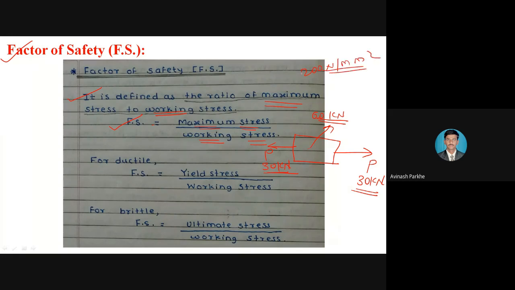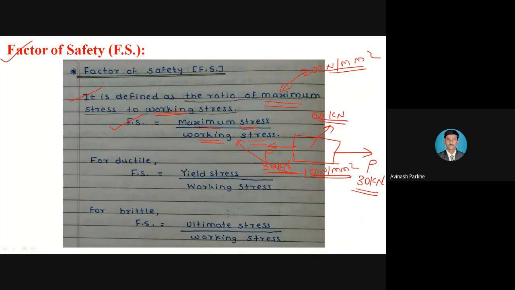Means this 200 Newton per mm square represents the maximum stress of that particular material. But due to this 30 kilonewton force, if a 150 Newton per mm square stress is developed, this 150 Newton per mm square stress represents the working stress developed in the same body.